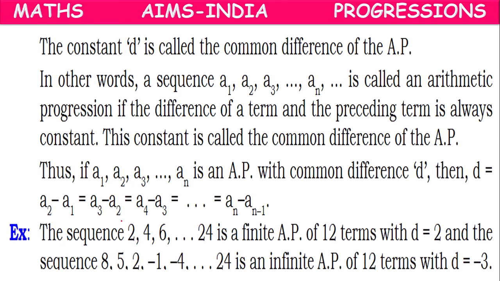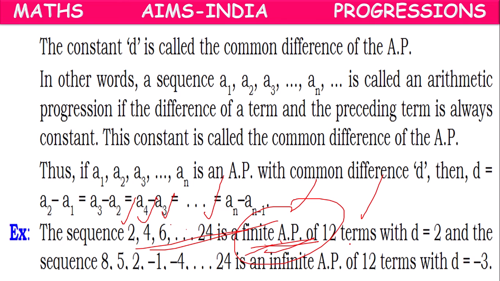Suppose the sequence 2, 4, 6 and so on up to 24 is a finite AP because the number of terms is limited here. That's why we call it a finite AP. It is a finite AP of 12 terms with a common difference of 2.